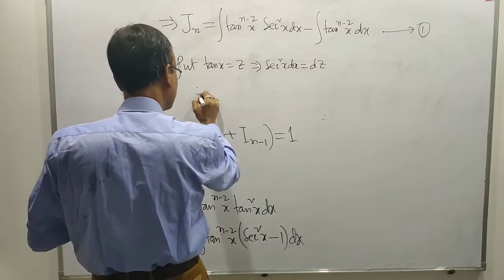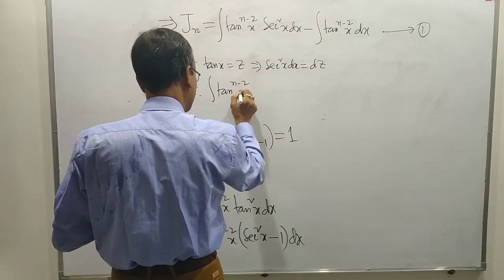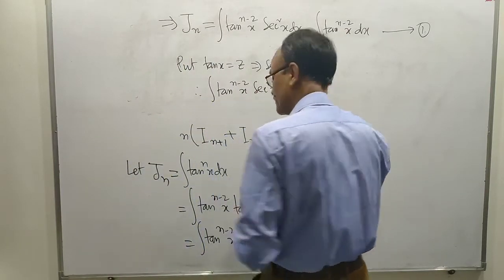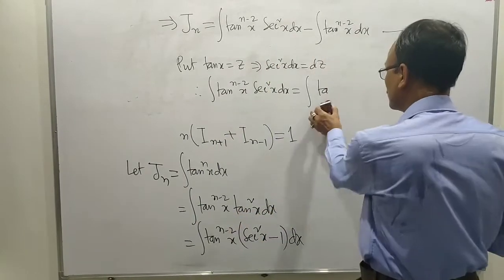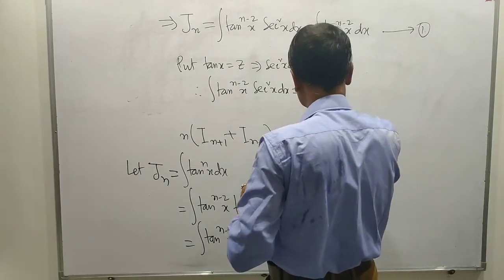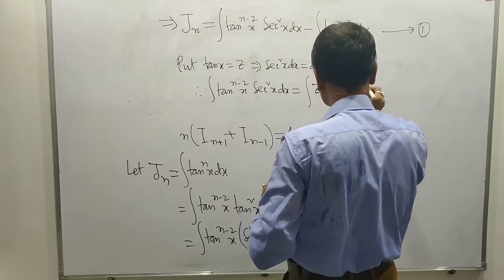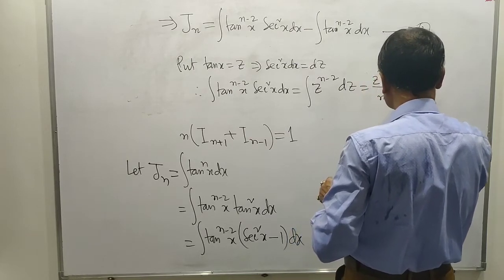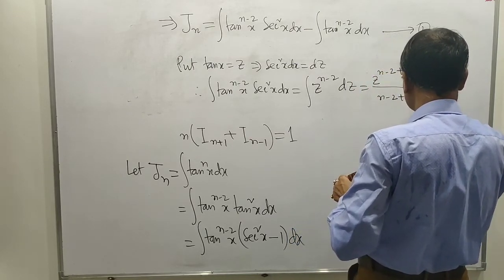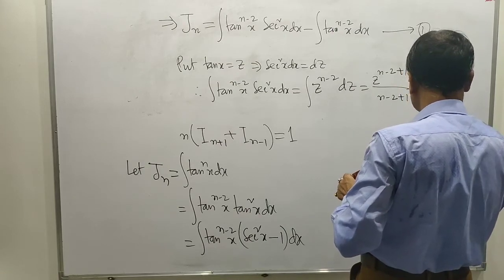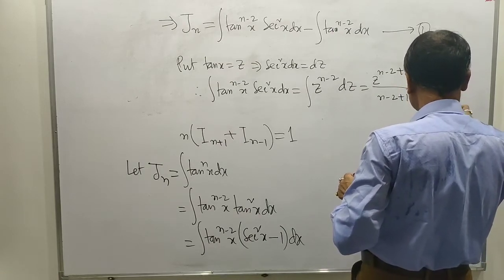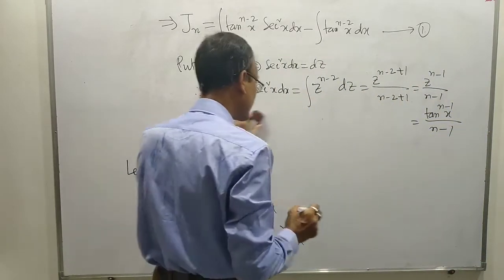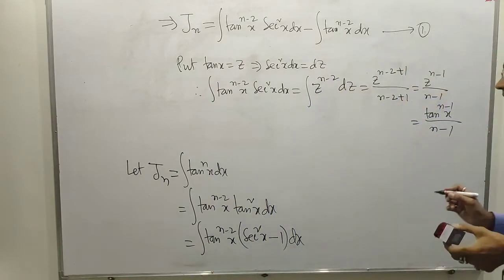Therefore, integration tan to the power n minus 2x into sec square x dx will be equal to integration z to the power n minus 2 dz, which is z to the power n minus 2 plus 1 divided by n minus 2 plus 1, that is z to the power n minus 1 divided by n minus 1, which can be written as tan to the power n minus 1x divided by n minus 1.